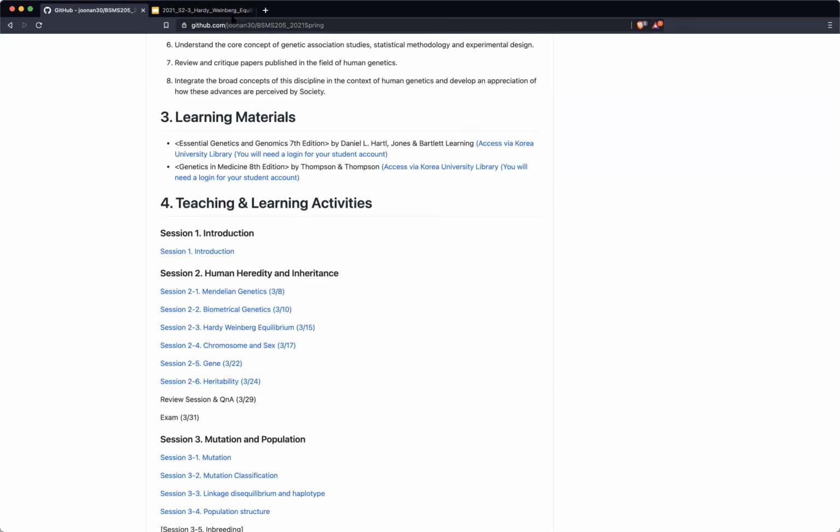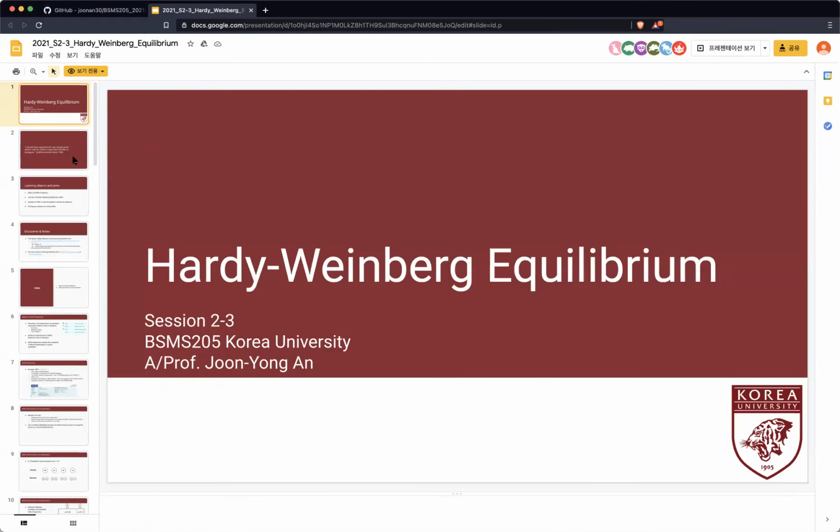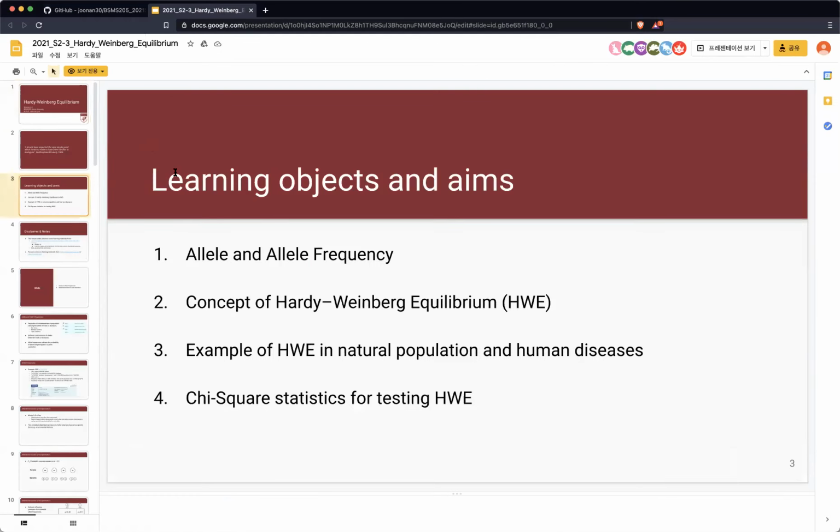Okay, so Hardy-Weinberg equilibrium. We're going to learn four things in this class. The first one is a very basic introduction of allele and allele frequency, and we're going to introduce the concept of the Hardy-Weinberg equilibrium, and then examples and how to calculate the Hardy-Weinberg equilibrium.